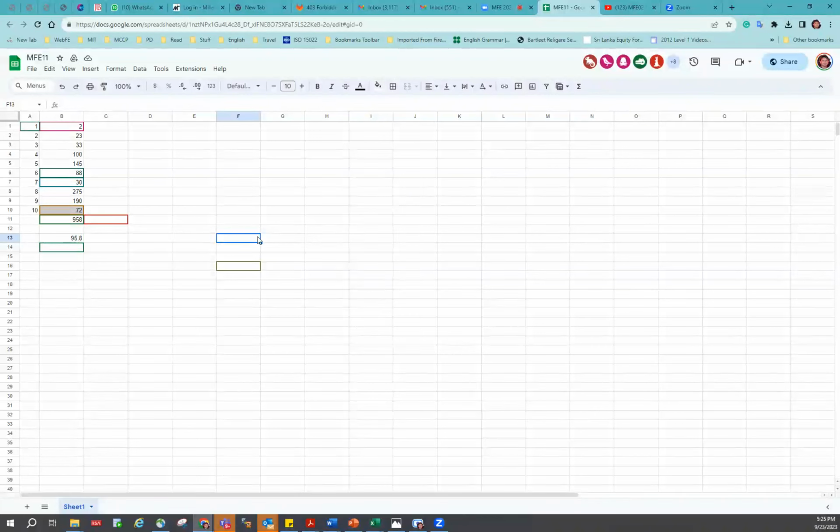This is the sample average, we call it X bar. It is 95.8.